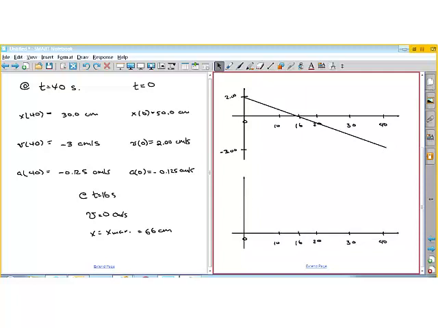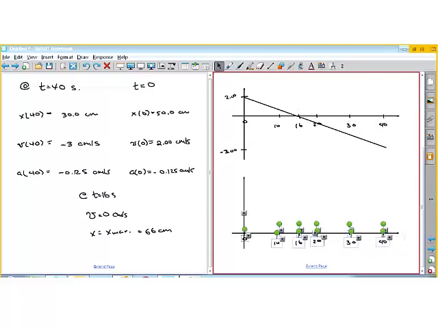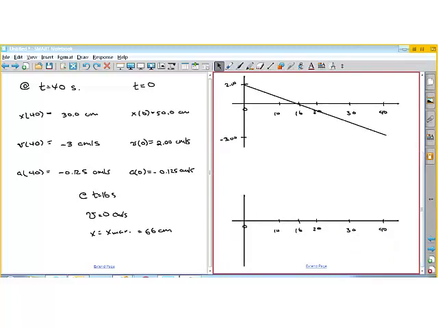The acceleration as a function of time, again, is a negative thing. So let me ungroup this stuff and make this direction like that. And it's -0.125. So this is acceleration as a function of time.